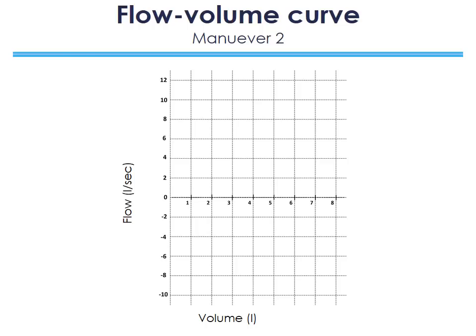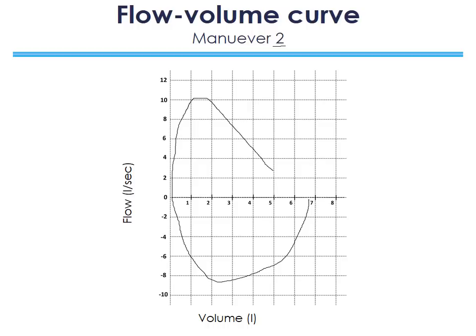Okay, so now we look at the difference of how the flow volume curve is constructed when the patient performs maneuver 2. The curve does look a little bit different because the maneuver does differ. So in this case, for maneuver 2, the patient was instructed to inhale deeply and then forceful and quick exhalation.